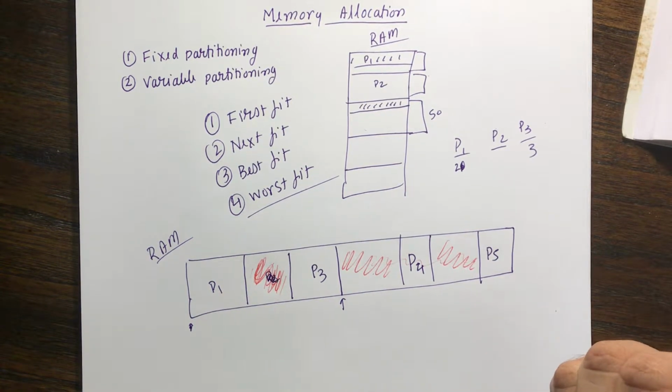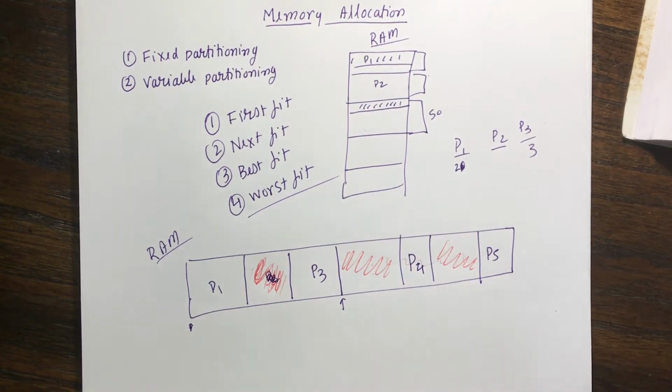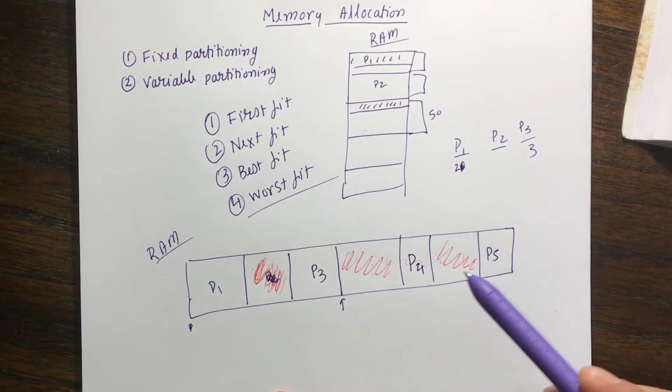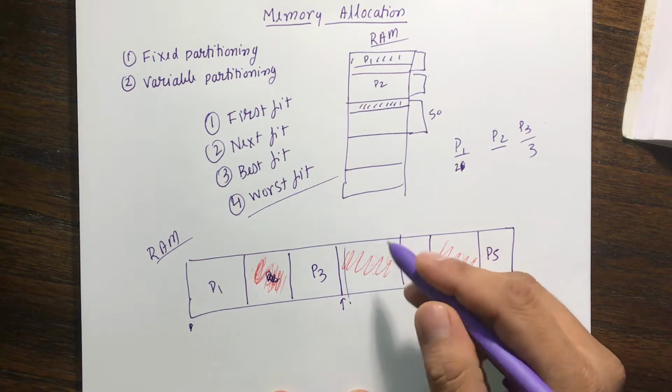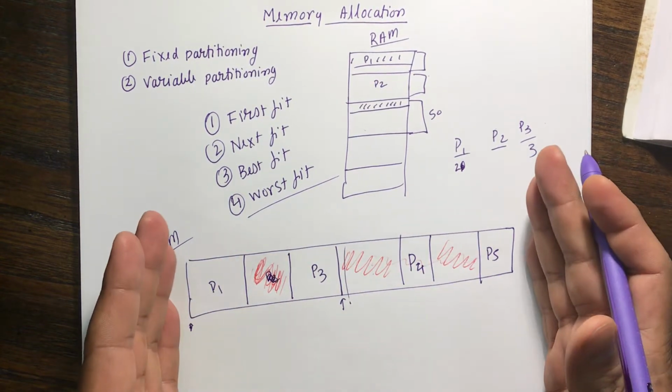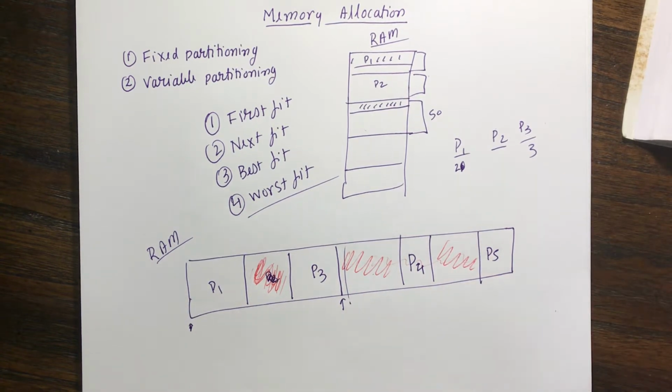Going back, there's another problem that happens in variable partitioning. Let's say this process continues over and over again. Then there will be small holes available throughout this entire space. If you take that entire space, it would be enough for a process to move in.